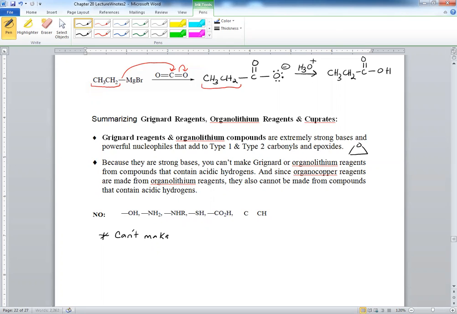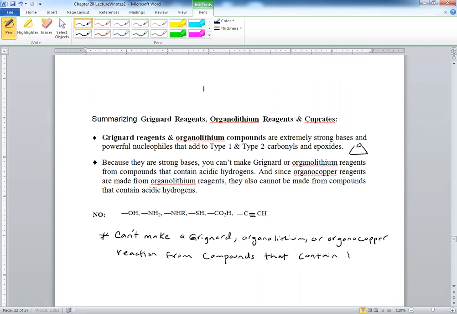So once again, just an important reminder, we cannot make a Grignard, organolithium, or organocopper reaction from compounds that contain these groups.